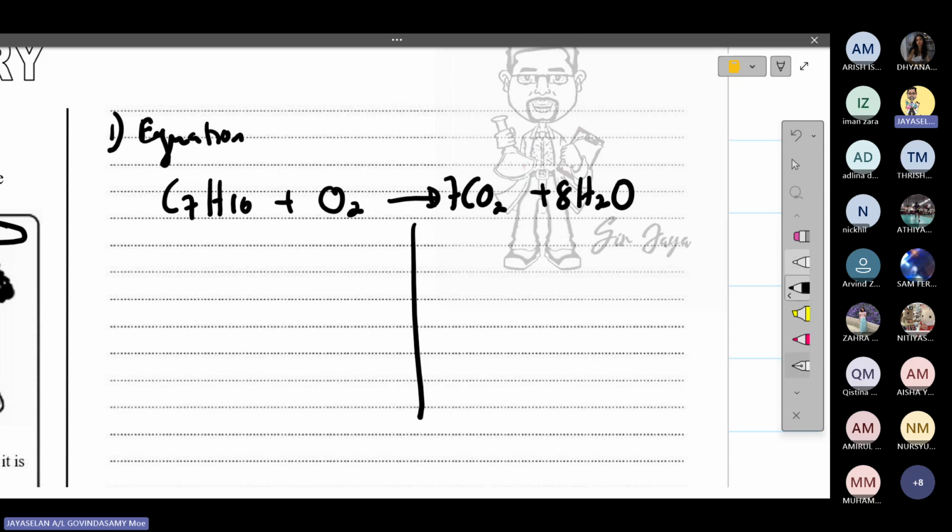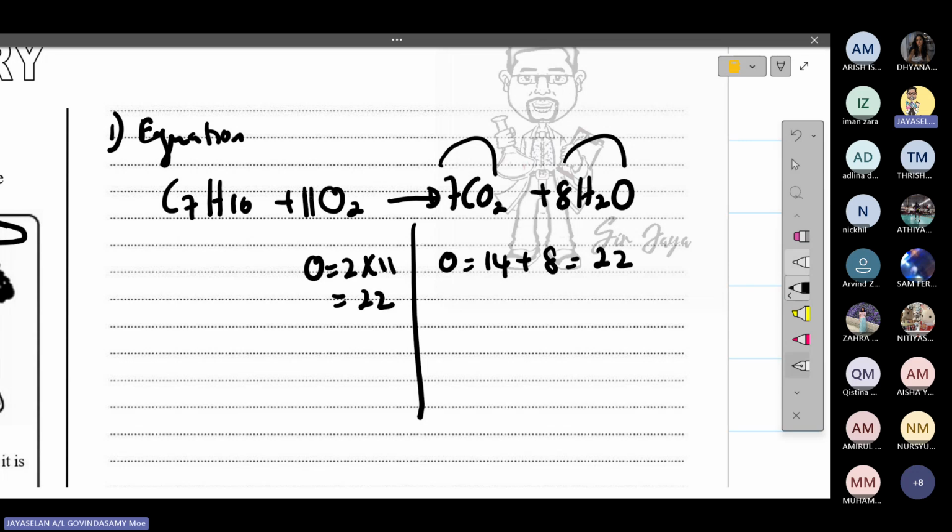Now check the oxygen at the right hand side. Here oxygen we have 14 plus 8. How much? 22, right? Correct. How to get 22 oxygen here? 2 times 11, you will get 22. So 11. Correct or not? All of you wrong? Can?